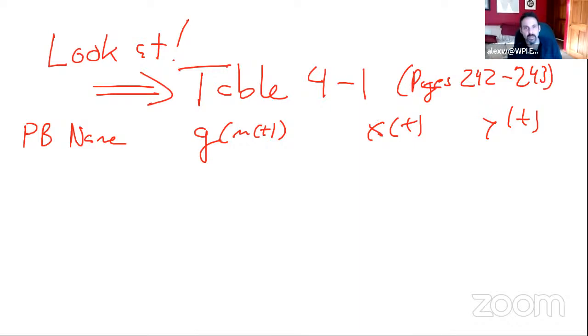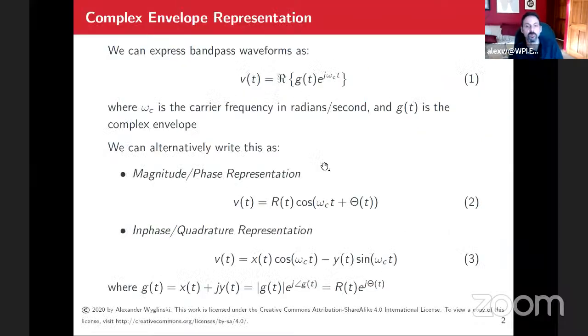So let's switch gears back to my slides. Okay, so this is what I mean. There are 2 ways I can do this. Given I have a real operator applied to this complex number, I could rewrite this in terms of a magnitude phase representation, right?